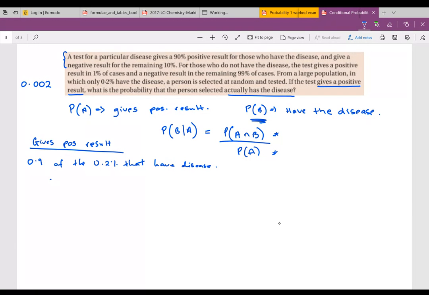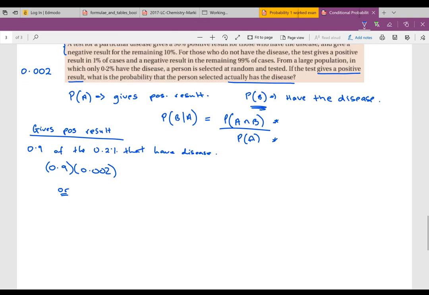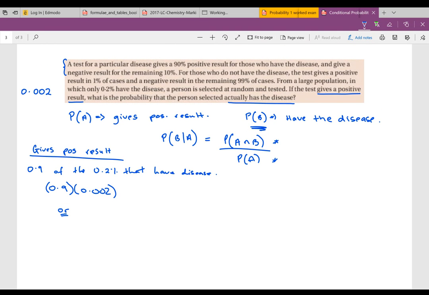So 0.9 times 0.002. Or, there is a slim chance that you can test positive. So the test gives a positive result in 1% of cases.